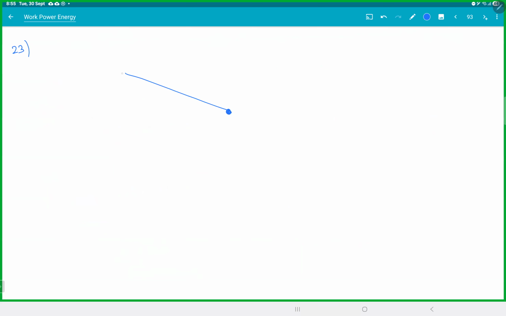So we have a pendulum here. This is fixed. Length L, mass M. This is theta.